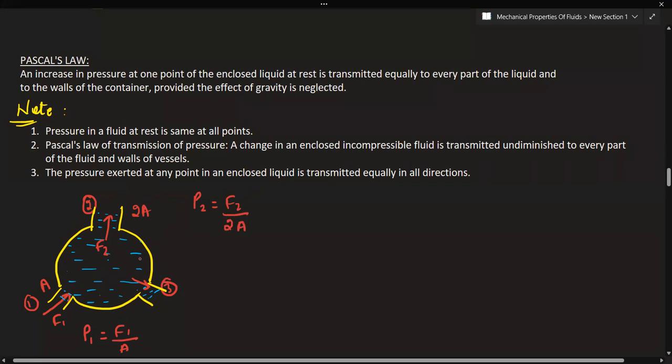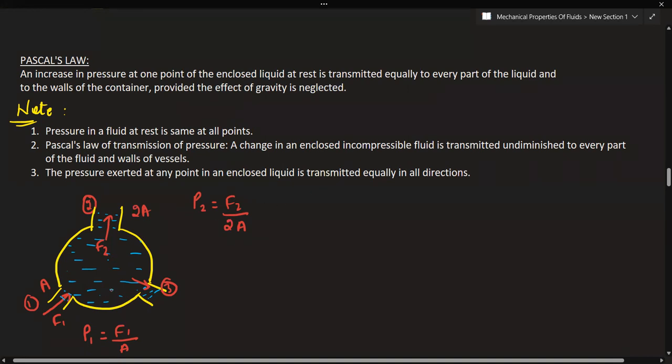Yes, exactly. Now, Pascal's law of transmission says that a change in pressure in an enclosed incompressible fluid is transmitted undiminished, means there is no change in the pressure, to every part of the fluid and the walls of the vessel. So the pressure exerted by us because of this force is transmitted to every part of the fluid and the walls of the container undiminished, means unchanged.